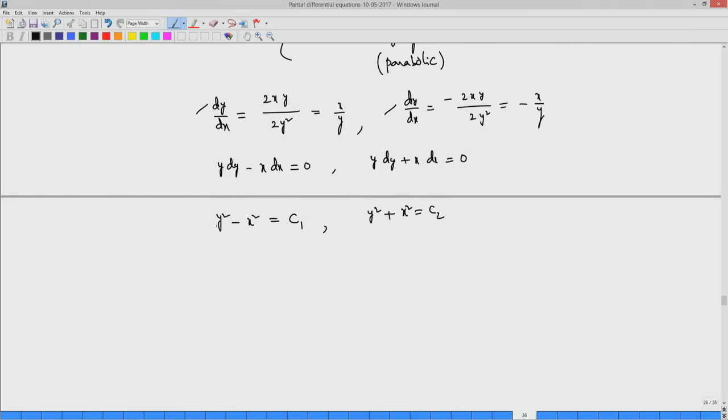So, you will get actually y square by 2, that 2 you can absorb into the arbitrary constant, which I am calling C1. Similarly here you have y square by 2 plus x square by 2, that 2 I can absorb into the arbitrary constant. So, from this you can get your new variables, xi is a function of x and y, eta is a function of x and y, that is y square plus x square.